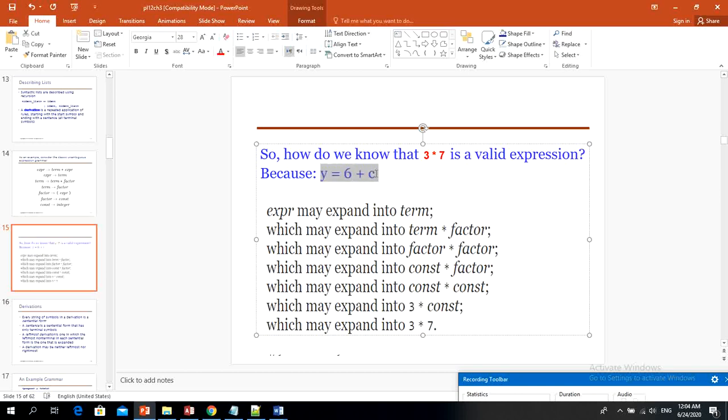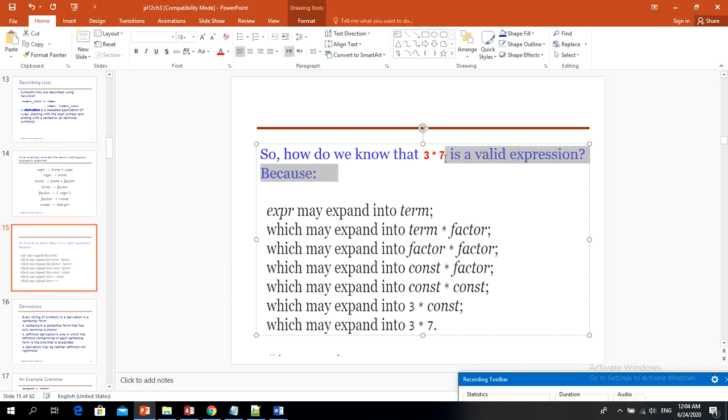This is an equation, right? This is an equation because it has an equal sign. But what is the expression? The expression is this part. So we remove this part and we leave this one. This is the expression. So when we talk about expression, we talk about the right hand side of the equation.